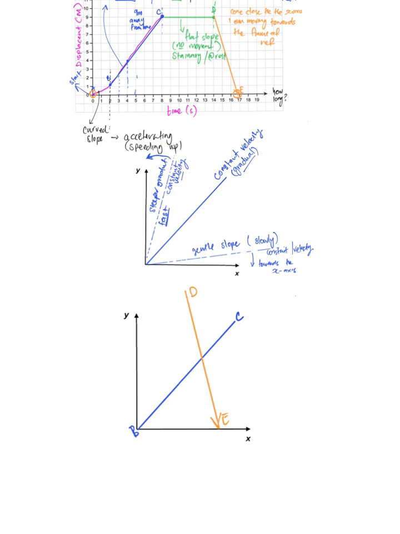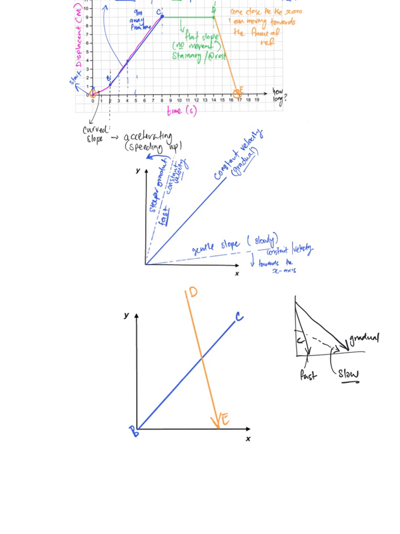So if I had to sketch that, what I'm trying to show you is that when I'm coming straight from here to here, that's gradual. When I'm coming straight from here to here, that's gradual. When I'm coming from here to here, can you see I've gone closer to the y-axis? That means I'm moving fast. And if I drew a line that went like this dotted line, that would mean that I'm moving slow.